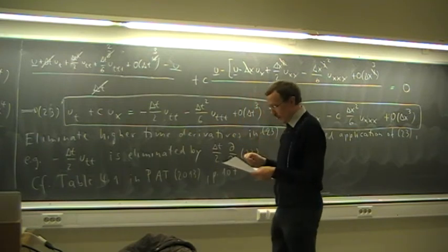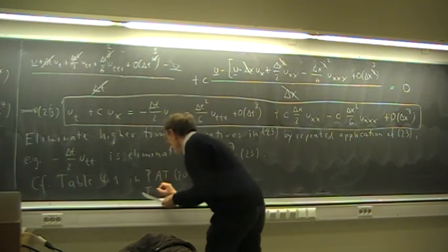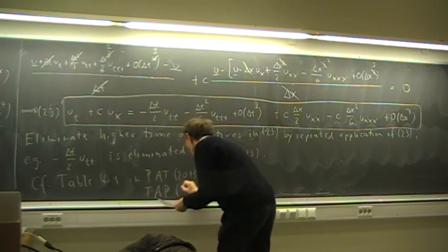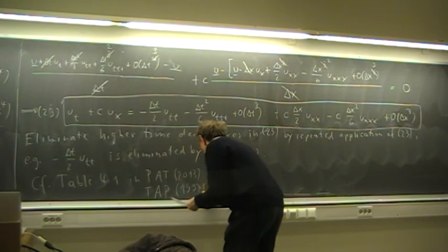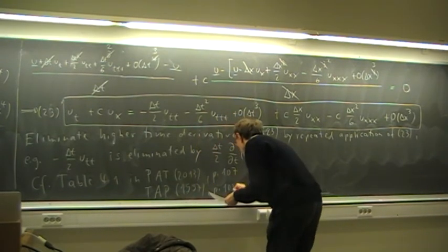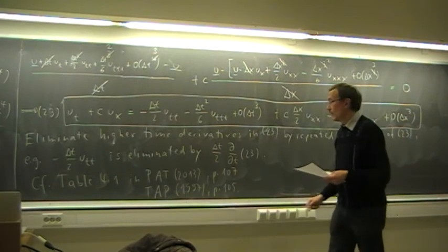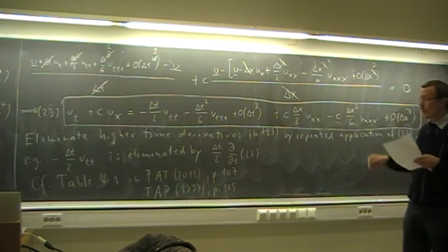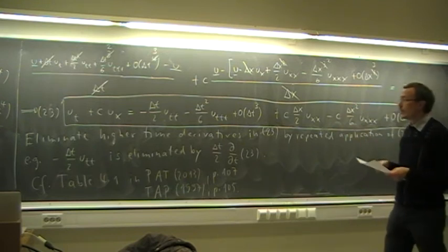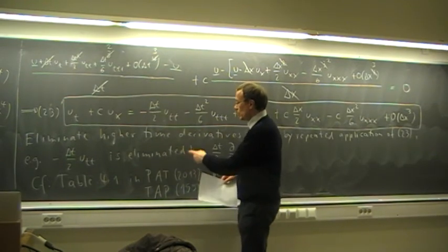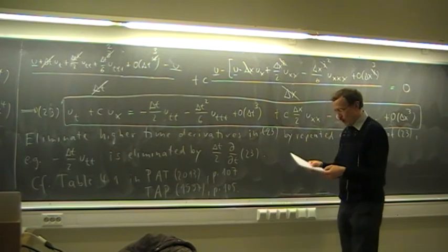And for the second edition, it is Anderson, Tannehill, Pletcher, 1997, on page 105. There you see the way they do it. You make a table, and then you try to identify the terms that you want to eliminate, and then you do the corresponding operations.